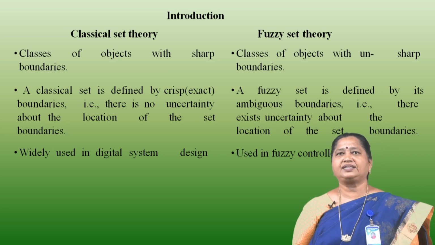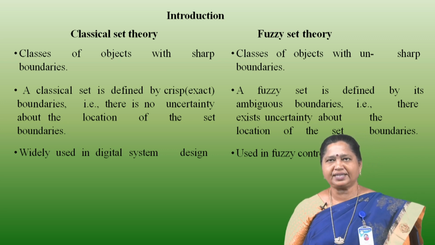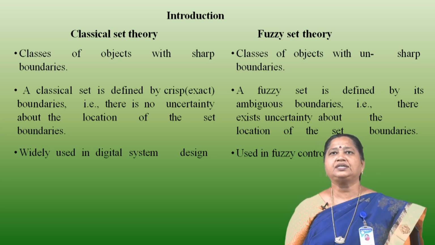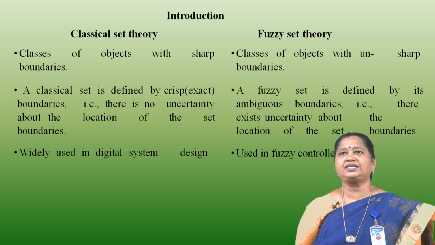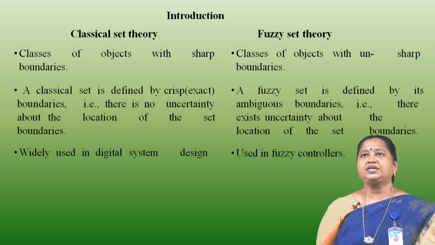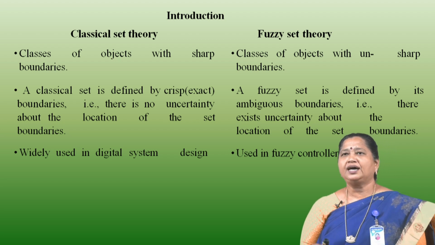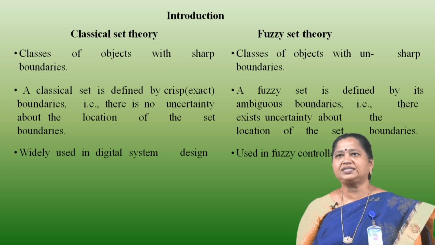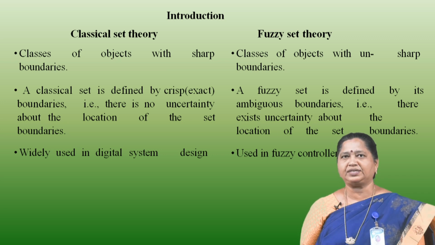A classical set is defined by crisp, that is exact, boundaries; there is no uncertainty about the location of the set boundaries. In fuzzy set theory, a fuzzy set is defined by its ambiguous boundaries; there exists uncertainty about the location of the set boundaries.